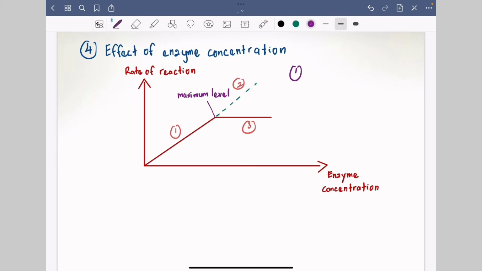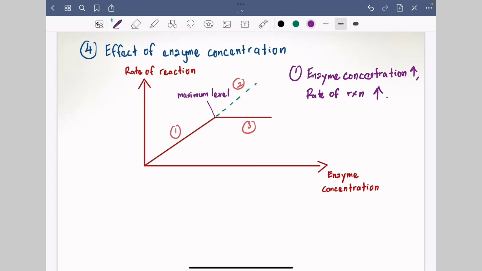For the first point, as the enzyme concentration increases, the rate of reaction also increases.